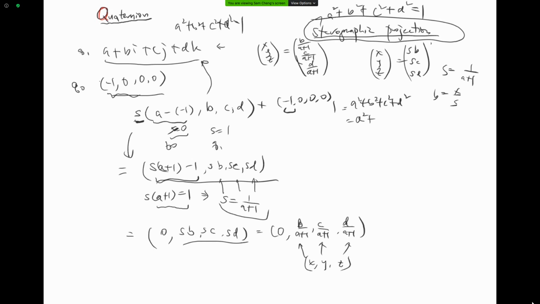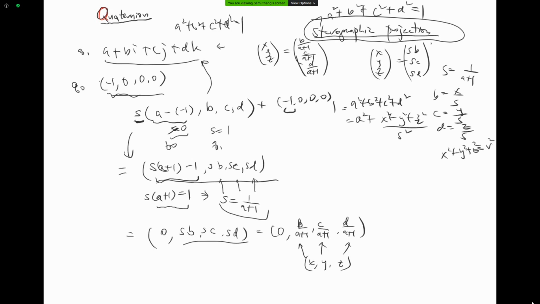And c is equal to y over s, and so on, d equal to z over s. So I have b squared plus c squared plus d squared as x squared plus y squared plus z squared over s squared. And maybe I can call x squared plus y squared plus z squared just r squared.